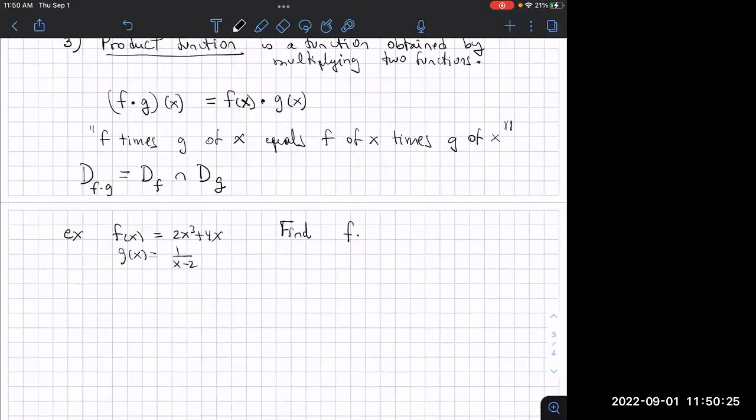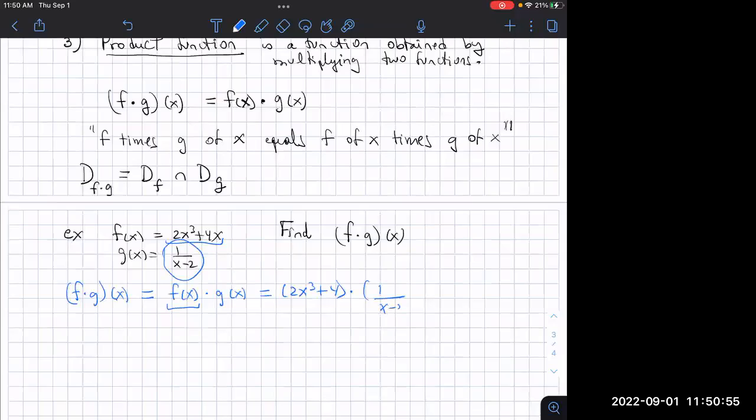Find f times g of x. f times g of x equals the product of f of x and g of x. So we plug in. f of x is 2x cubed plus 4x times g of x, which is 1 over x minus 2.